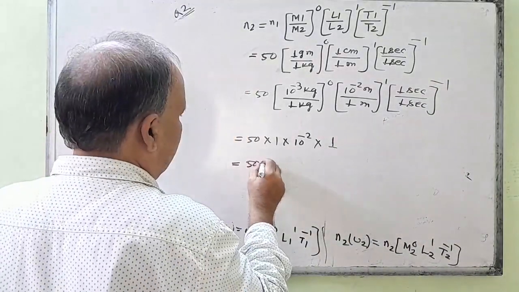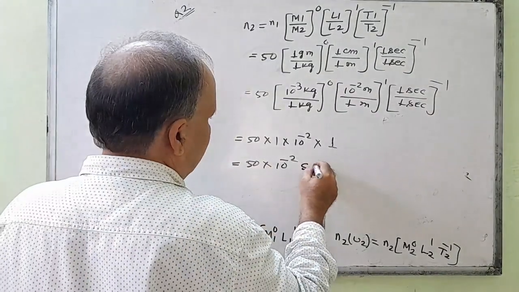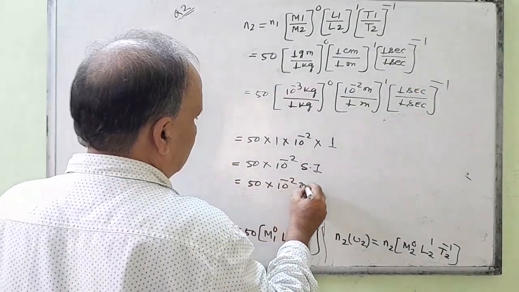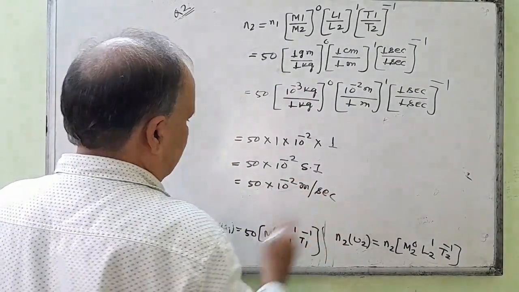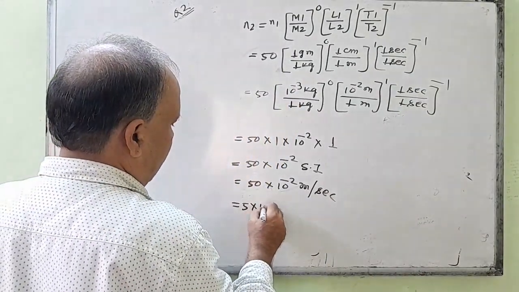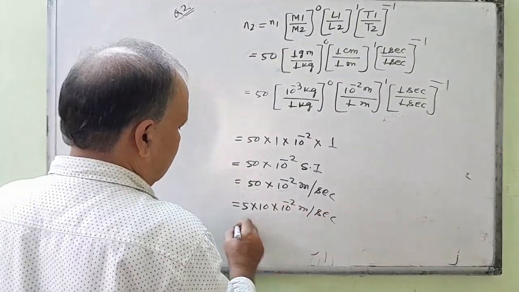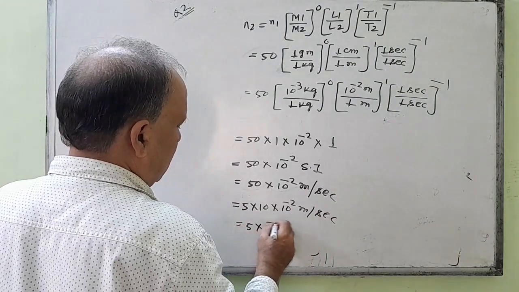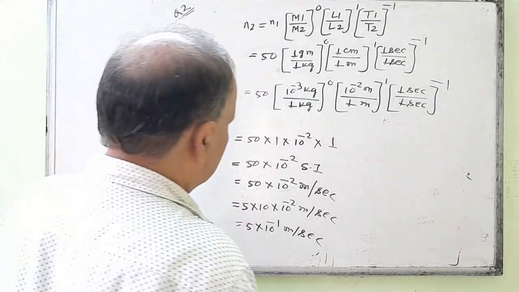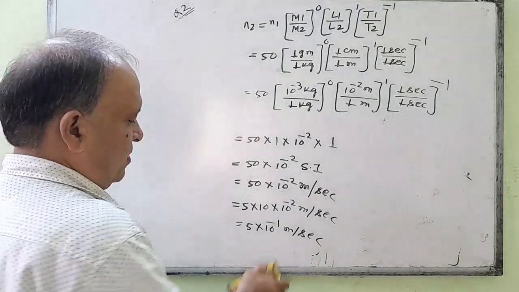That is equal to 50 into 10 to the power minus 2 SI, or we can write 50 into 10 to the power minus 2 meter per second, or we can write 5 into 10 to the power minus 1 meter per second. So, 50 centimeter per second is equal to 5 into 10 to the power minus 1 meter per second.